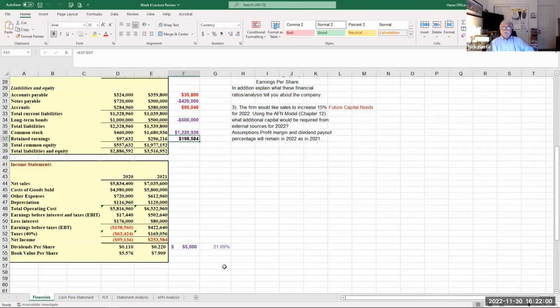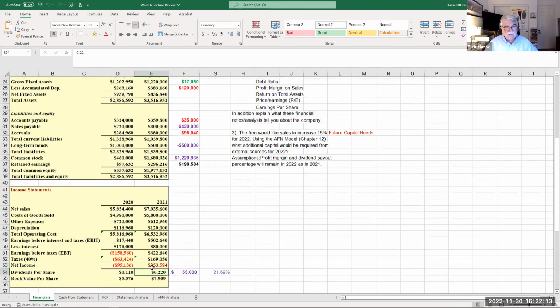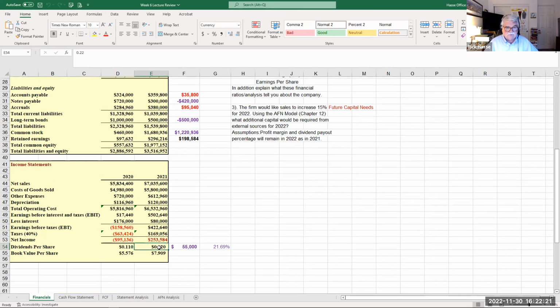Well, it came from closing the books of the income statement. Notice the company made a profit of $253,584. And notice they paid 22 cents a share in dividends on 250,000 shares of outstanding stock. 250,000 shares of stock times 22 cents a share is $55,000.